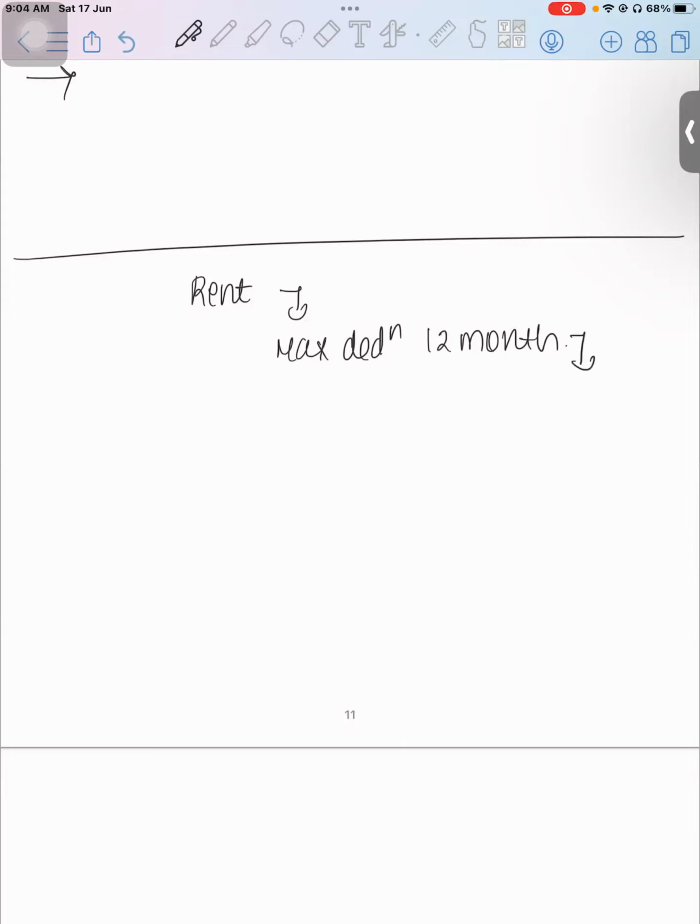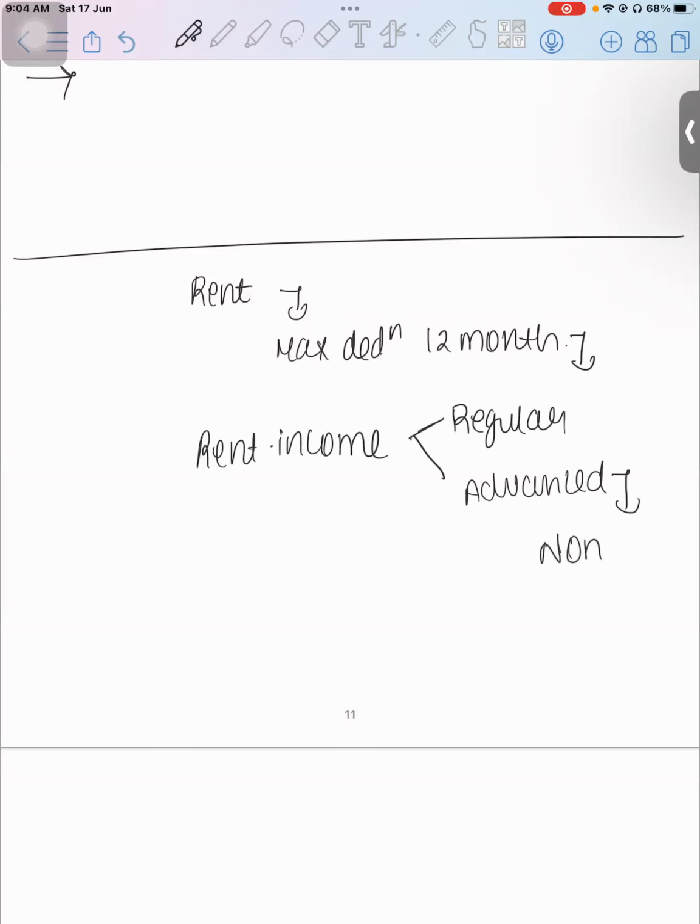Yes. In that case, what will happen whenever you're receiving rent income, there are two categories. One is regular rent and one is advance receipt. Now, if this advance receipt is non-refundable, so in future you're not going to refund this income, he will have to show it in the rental income.